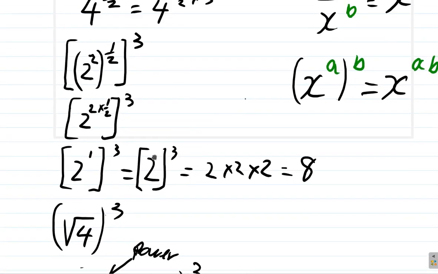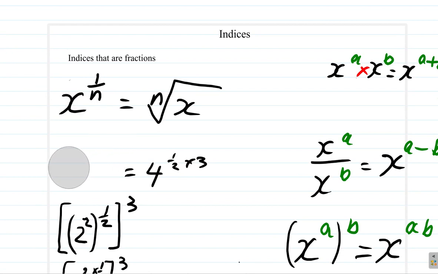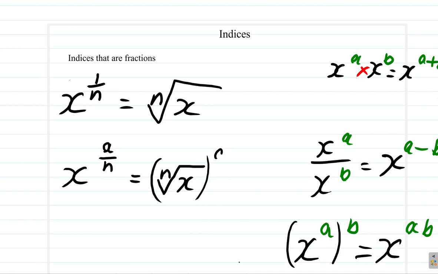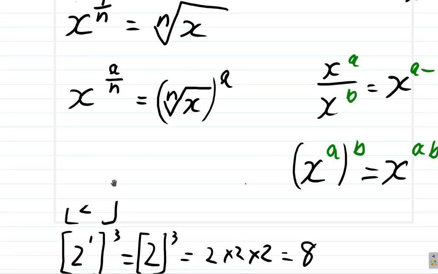Now you could try with other numbers, but generally, what happens is this. If you have x raised to the power of a over n, I use n because I used n up here already, this is equal to the nth root of x, raised to the power of a. Now notice, in the bracket, you do what is in the bracket first.